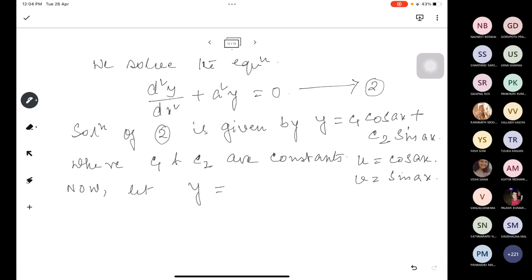So the general solution is given by y is equal to c1 cos ax plus c2 sin ax. Let y is equal to A cos ax plus B sin ax be the solution of equation 1.